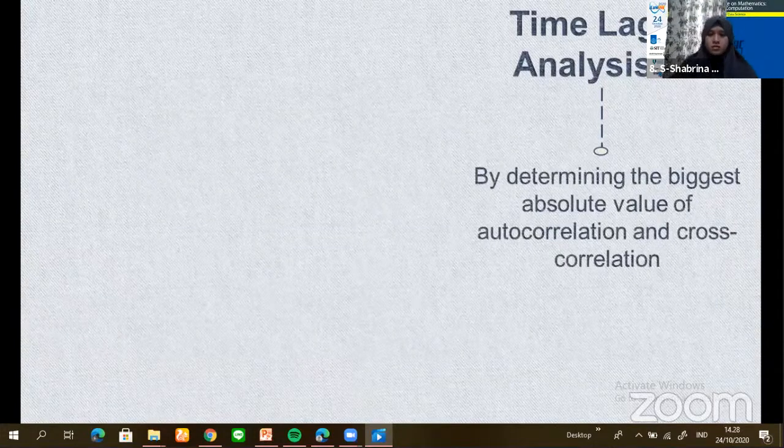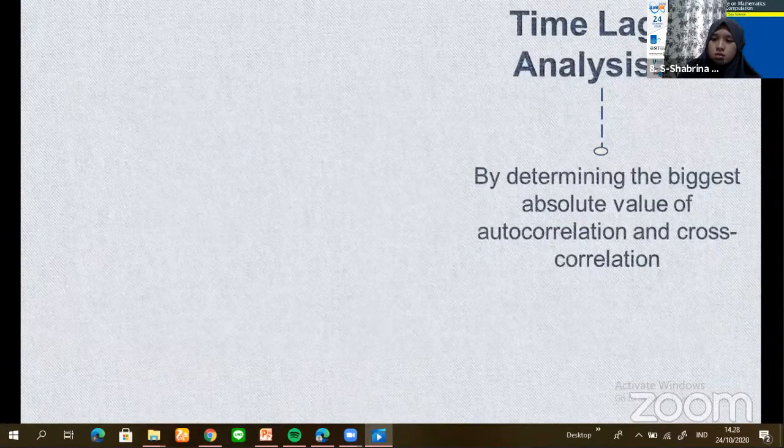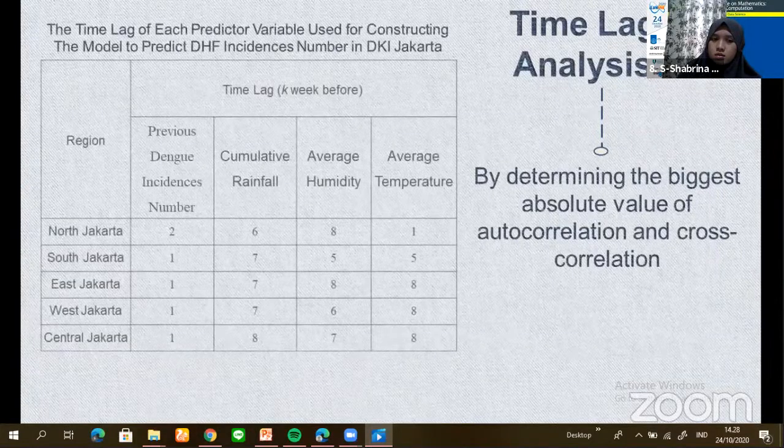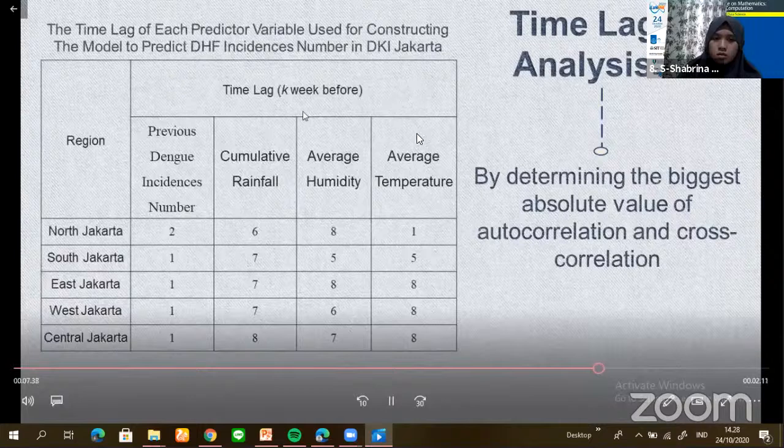The next is about the time lag analysis. By determining the biggest absolute value of autocorrelation and cross-correlation, we get the optimum time lag that can be seen in this table.